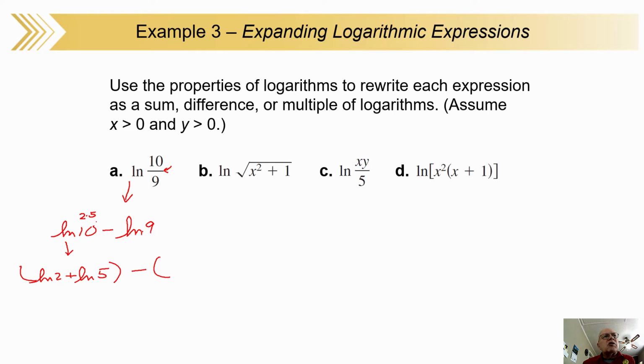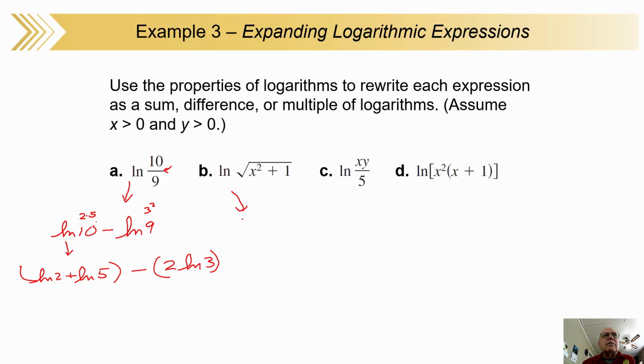Now what can I do with this one? Remember, this is 3 squared. So I could bring this 2 out front, and I'd have 2 natural logarithm of 3. And that would really be expanded.